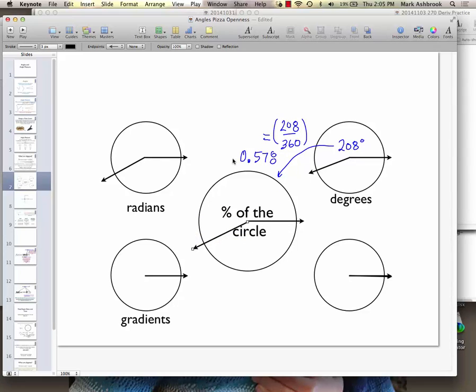So you could write 0.578, or you could just leave it as this fraction. Take 208 over 360. That's the fraction of a full rotation times 2 pi, or use the decimal in your calculator, whatever. How many radians is it approximately? 3.63.